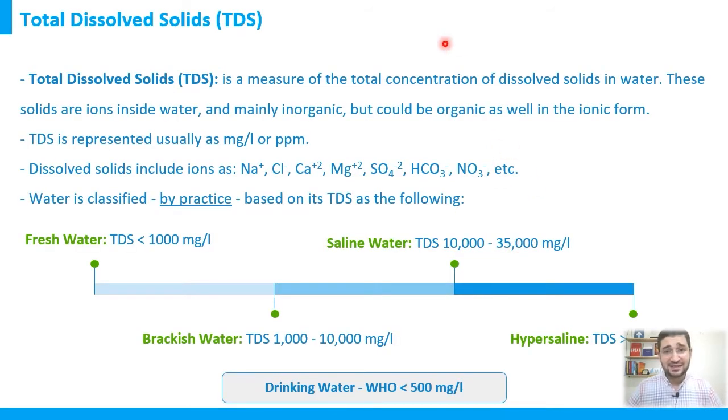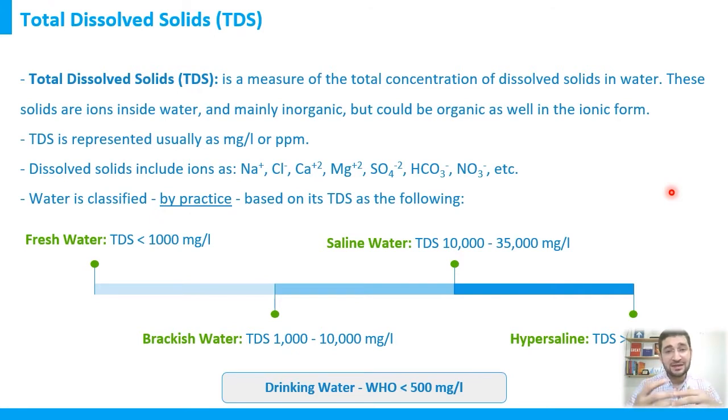TDS simply stands for total dissolved solids, which is the measurement of the total concentration of dissolved solids in water. So keep in mind it's dissolved solids, okay, because there is another term close to this one. Now these dissolved solids could be inorganic ions, sometimes organic ions as well.